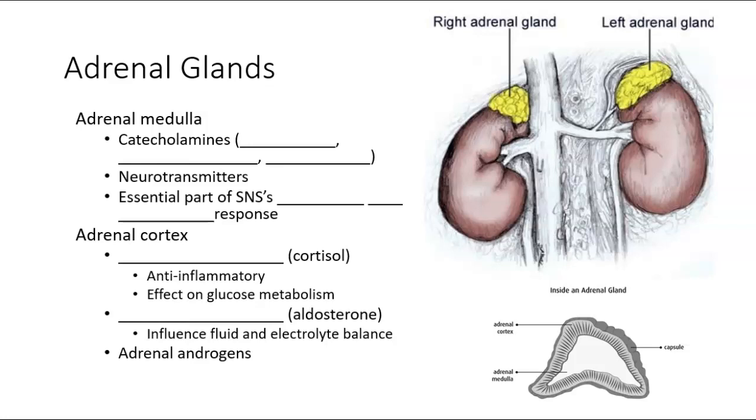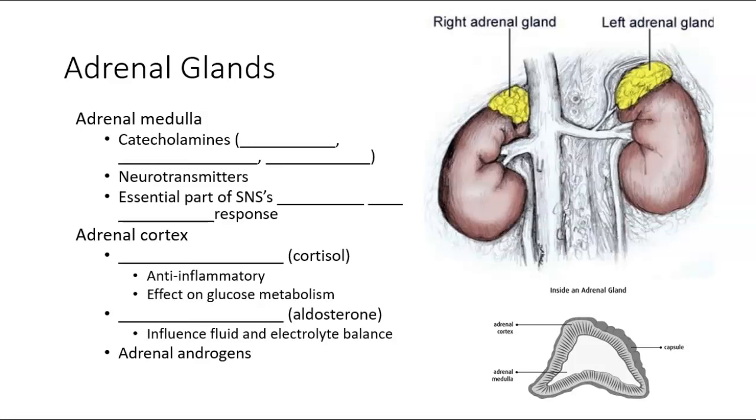So the adrenal medulla is the inner part of the adrenal gland, and it secretes the catecholamines, which are involved in the sympathetic nervous system. So those catecholamines are epinephrine, norepinephrine, and dopamine. Again, they are part of the sympathetic nervous system, and that's the fight or flight response, which we learned about under shock. The adrenal cortex is the outer part of the adrenal gland.